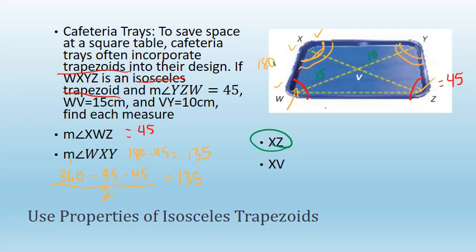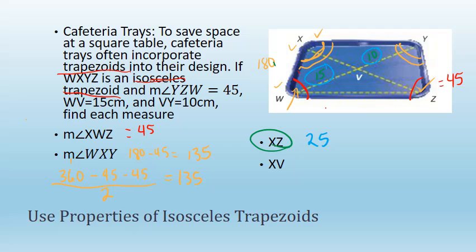Well, we know, since it's an isosceles trapezoid, that the diagonals must be congruent. So if this is 15 and this is 10, then XZ must equal 25.